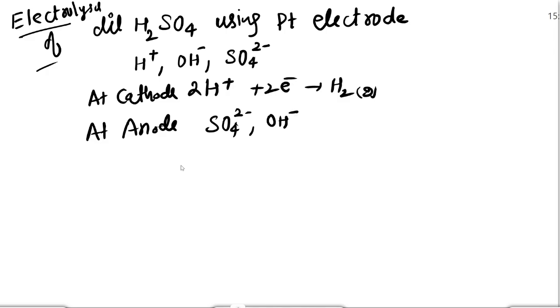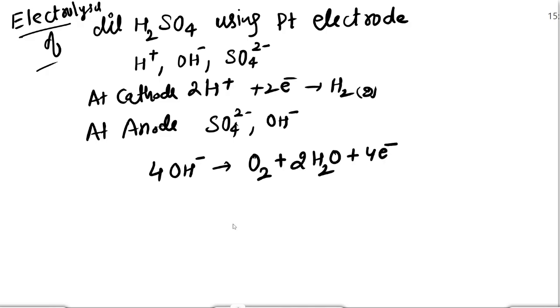So deposition of hydroxide ion will give O2 plus 2 H2O plus 4 electron.